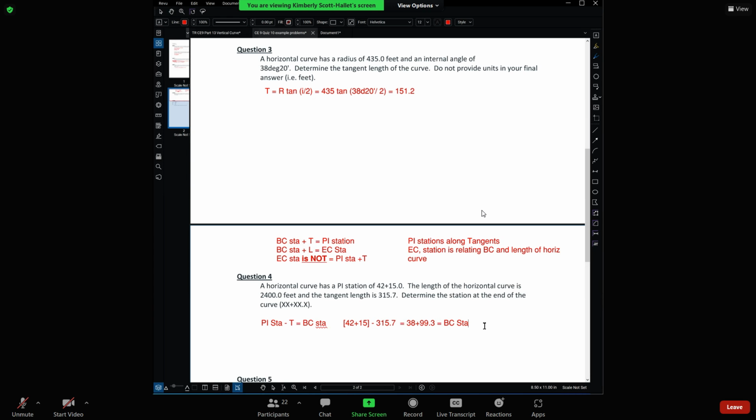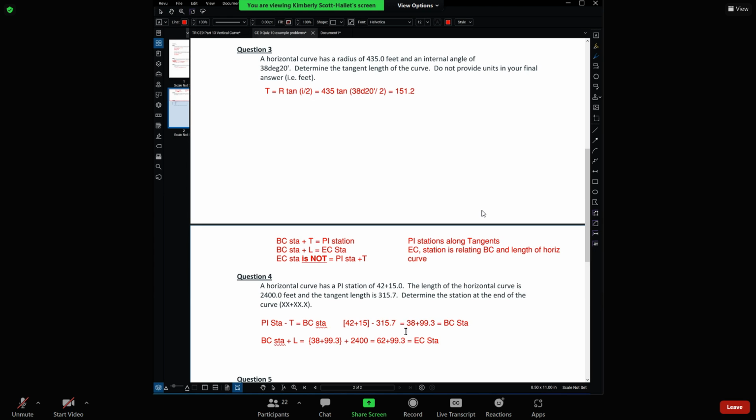So if I take that beginning of my curve station, again, using brackets to indicate my station, plus the length of my curve, again, 2,400 feet, that should give me a final EC station of 62 plus 99.3.